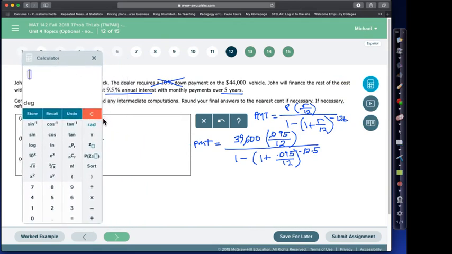I'm going to clear this out. And again, the Alex calculator, which you have access to because you're taking an Alex test, is just really cool for this. So we put in our 39,600. And again, I thank you all for those who have been using this. You guys are the ones who taught me how to use this thing. I just watched you and said, man, that thing's cool. 0.095 divided by 12.